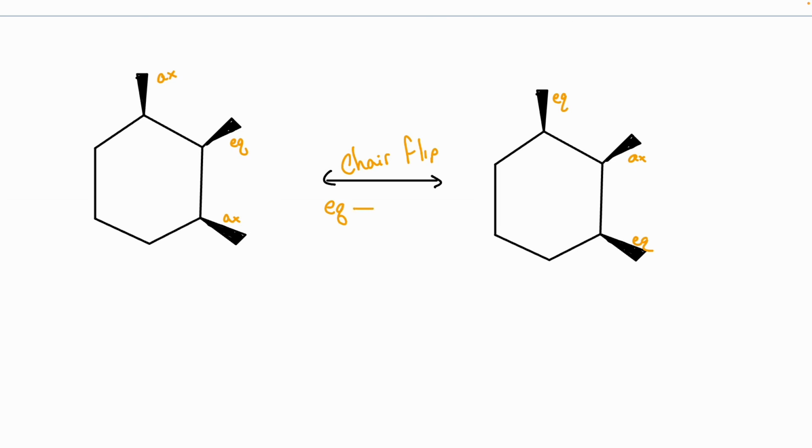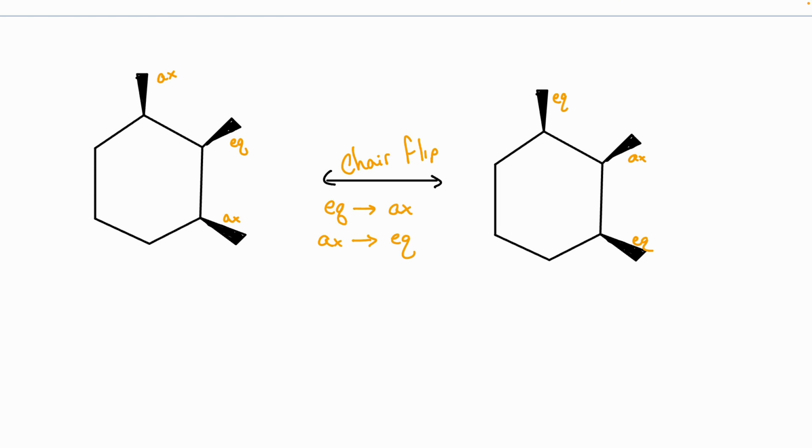Again, the equatorials become axials, the axials become equatorials. Didn't change my bond line structure, right? We could draw a different chair, but I'm trying to get at the fact that that's not really necessary, as long as we can see what's going on by looking at these bond line structures.